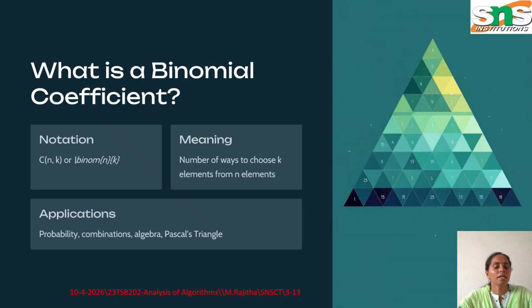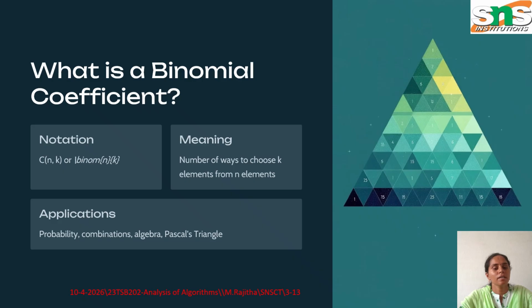What is a binomial coefficient? A binomial coefficient is represented as C of n, k or n choose k. It means the number of ways to choose k elements from n elements without considering order.